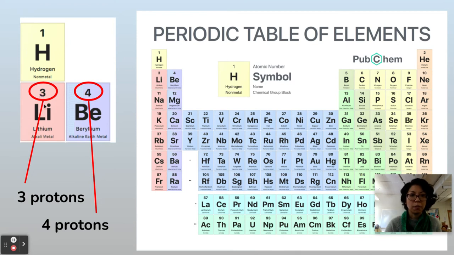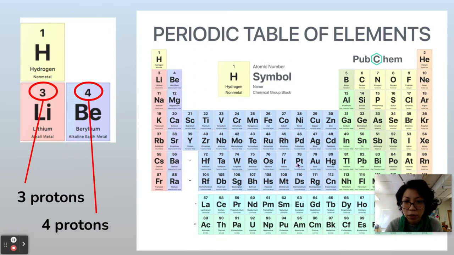So for lithium, we see a number 3, and that tells us that an atom of lithium has 3 protons. And the same for this element here. If we look at the periodic table, we would see a number 4, and we would know an atom of beryllium has 4 protons. Okay, so that goes for any of these.